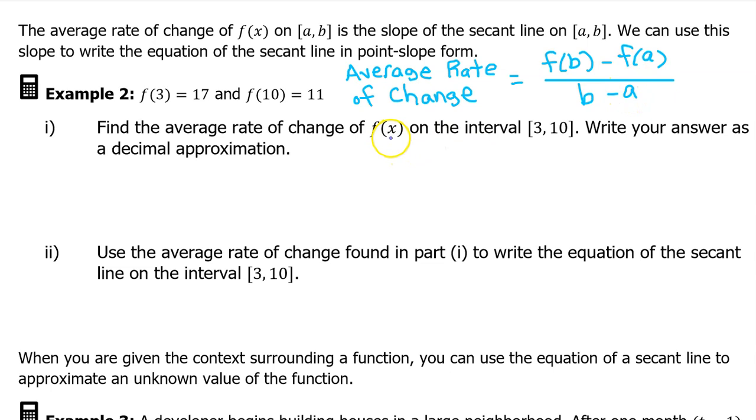So the average rate of change of f on the interval from 3 to 10 will be given by f at 10 minus f at 3 over 10 minus 3.